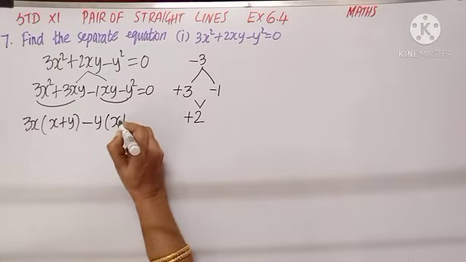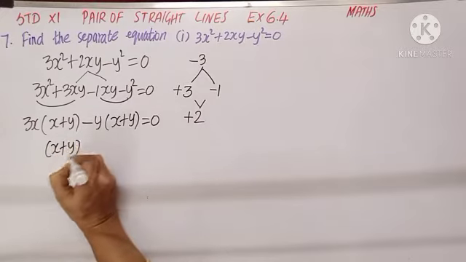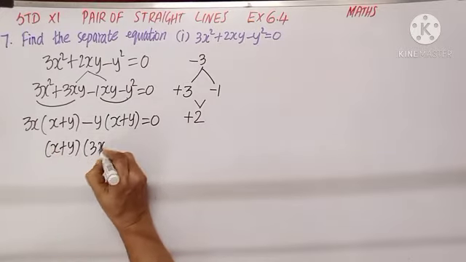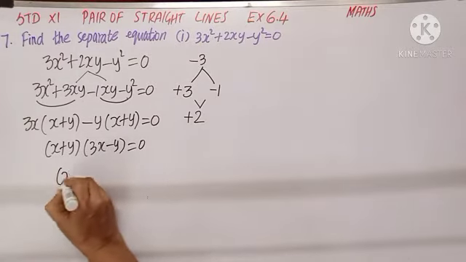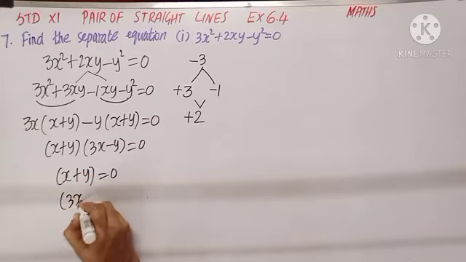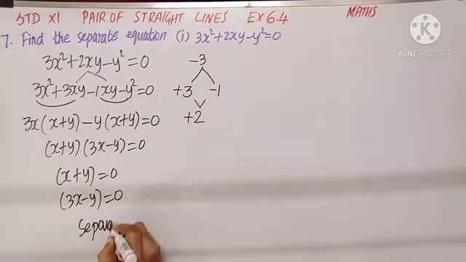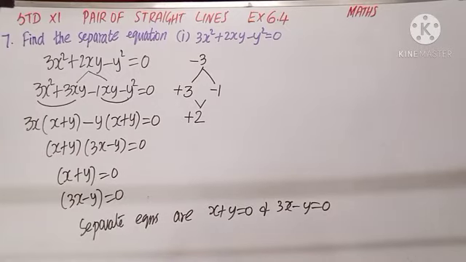If I take it out, it is x plus y. Taking x plus y common again, it is 3x minus y equal to 0. So writing the separate equations, I get x plus y equal to 0 or 3x minus y equal to 0. The separate equations are x plus y equal to 0 and 3x minus y equal to 0.